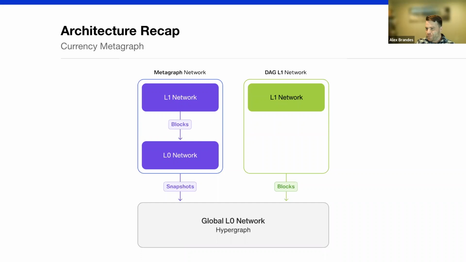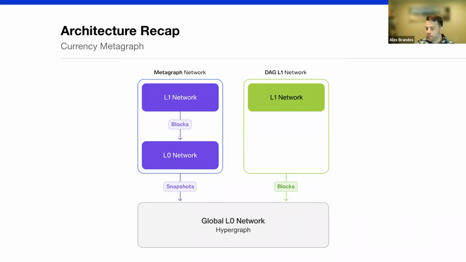This is showing specifically a currency metagraph. There are other ways that a general purpose metagraph can be constructed, but this shows the architecture of a currency metagraph created with the currency framework. You can see that it's fairly similar to the DAG L1. It has an L1 network that essentially plays the same role.